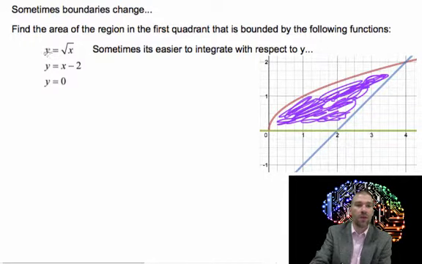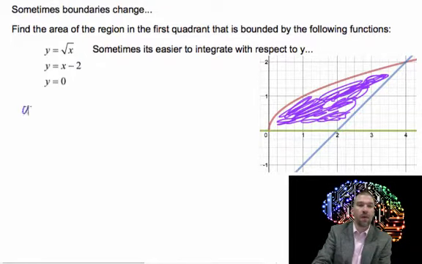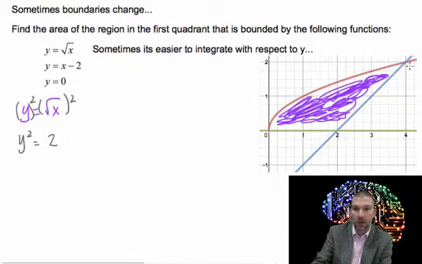What if we integrated with respect to y? In other words, instead of having equations that say y equals, what if we had equations that say x equals? So if I've got y equals the square root of x, and I want to know what x equals, then square both sides, and I have y squared equals x. That's the reddish orangey colored equation here.